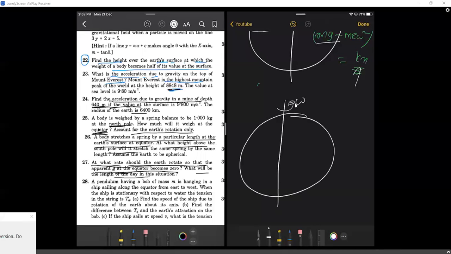Somebody asked, what if Earth starts rotating much faster? Earth basically rotates once in 24 hours, right? For a full rotation, it takes 24 hours. Somebody asked, what if it starts rotating 30 times faster? This was a question in some interview.